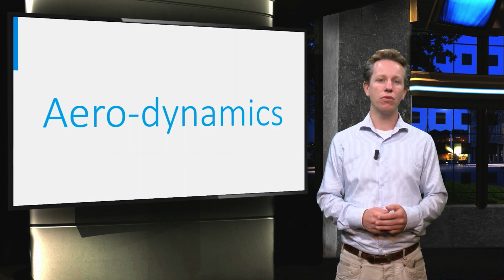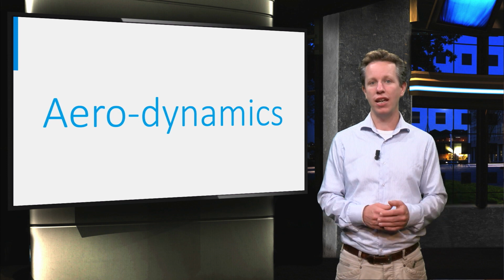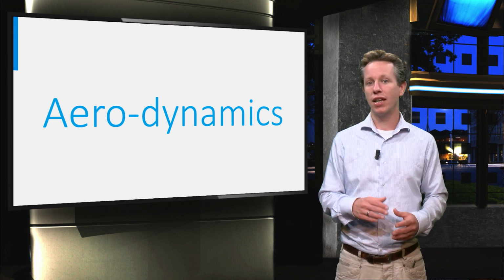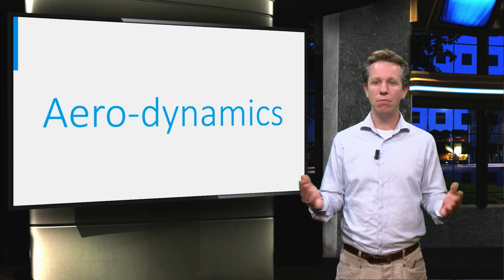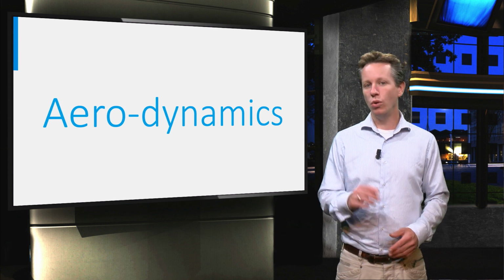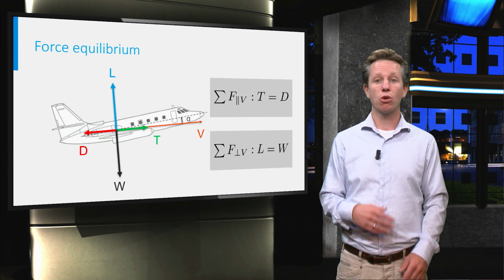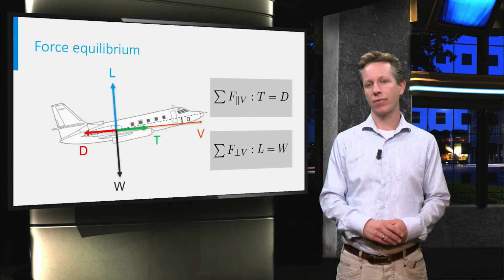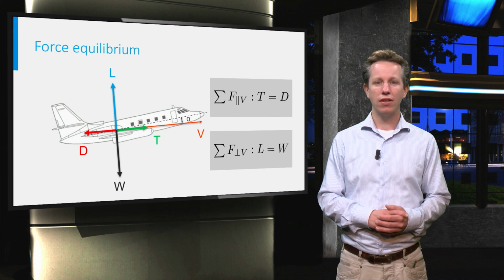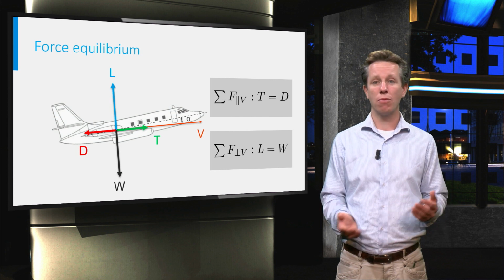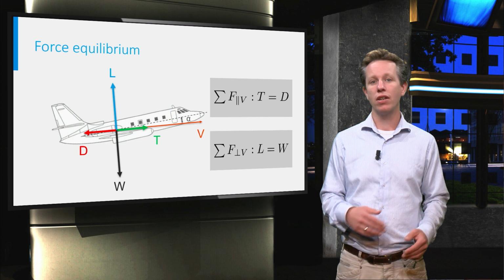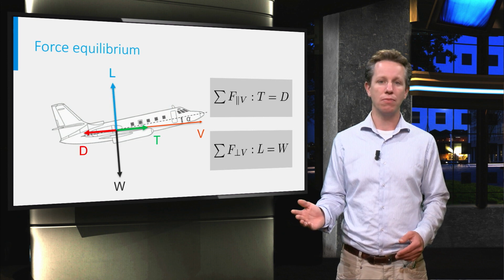Aerodynamics is a combination of the word aero, representing the air through which the aircraft move, and dynamics, the dynamic motion of air. All aircraft are capable of flying at a constant altitude and speed for a prolonged period of time. In that situation, the aerodynamic lift and drag forces are balanced by the weight of the aircraft and the thrust of the propulsion system.